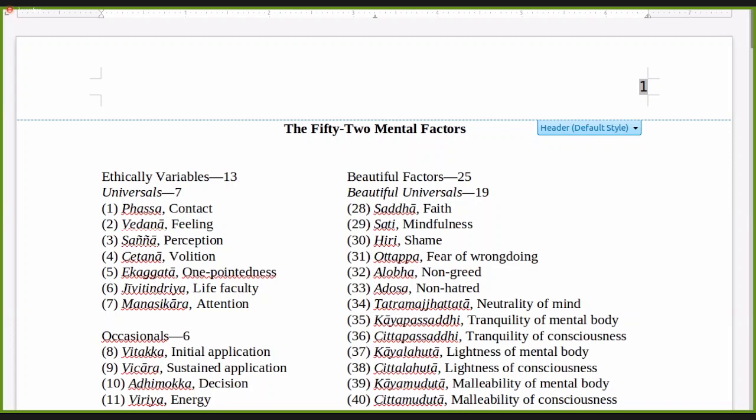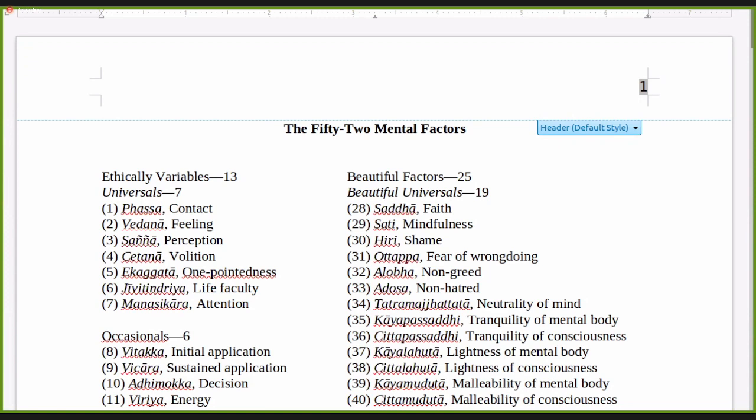Vichara is also a jhana factor. Vichara has the characteristic of continued pressure on the object.